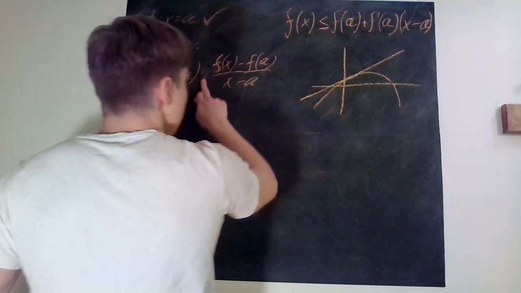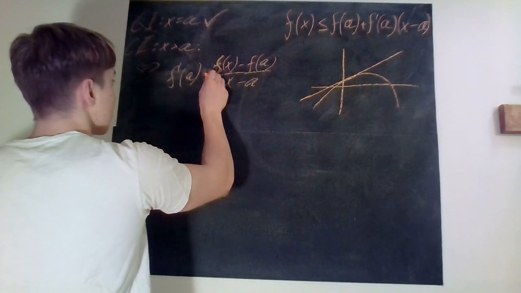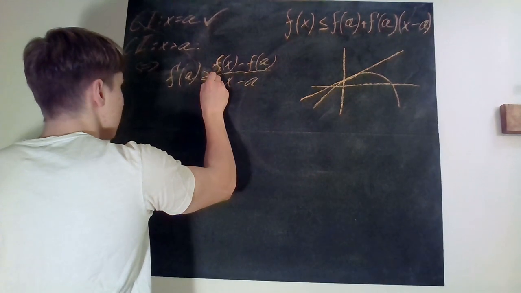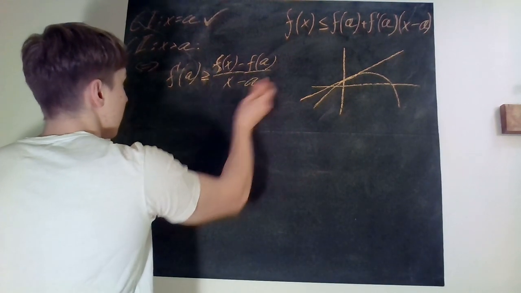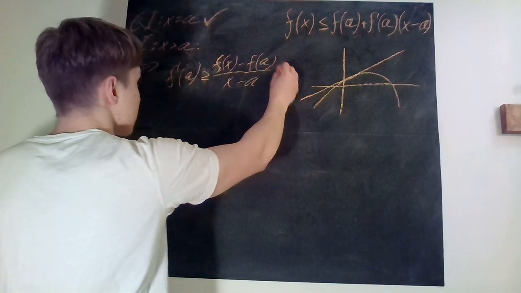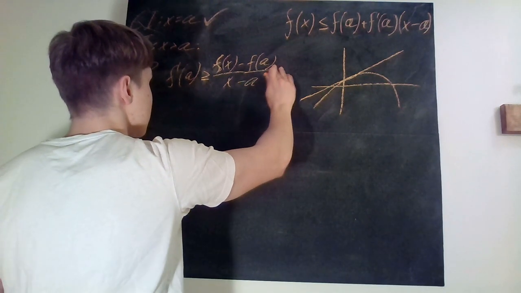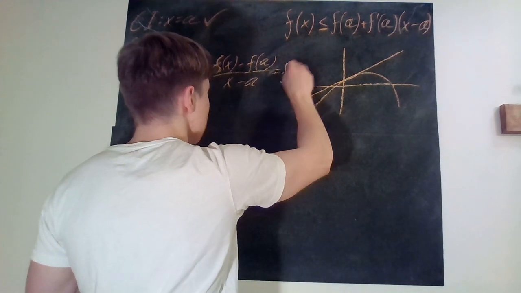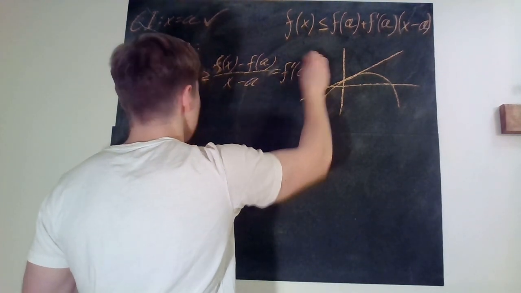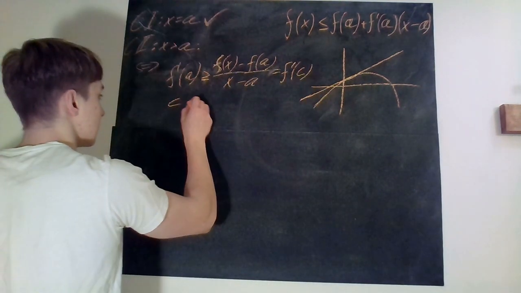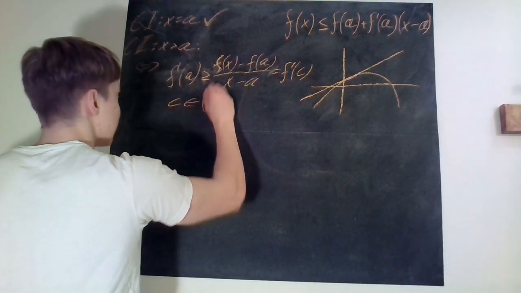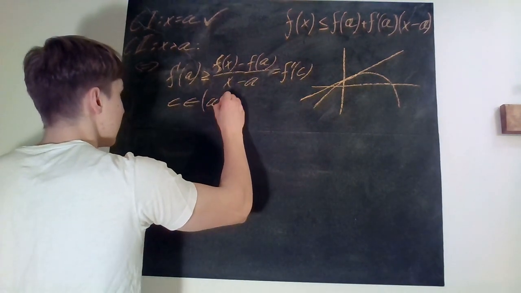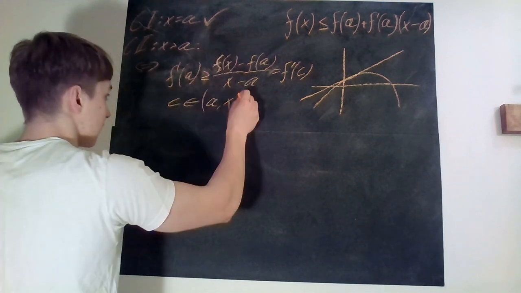And what do we know about this? Well, we know that there exists a c in between x and a, such that this is equal to f prime of c, where c, as I just said, is between a and x, because now x is greater than a.